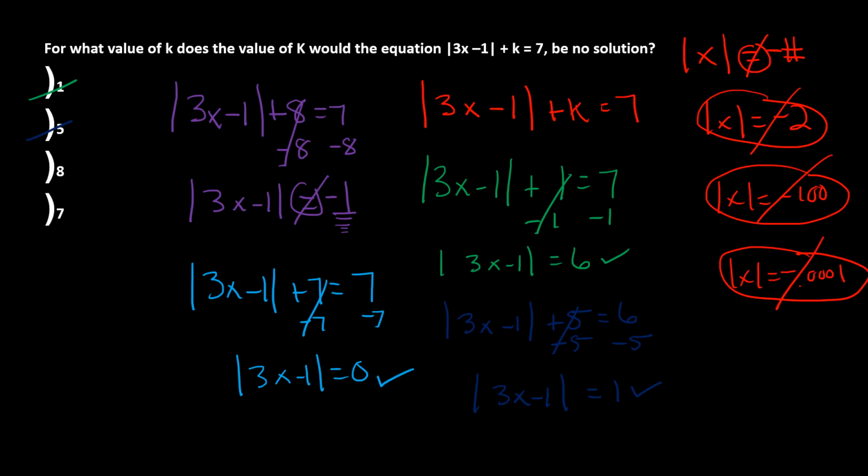The absolute value of 0 is 0. So that means that our answer here has to be 8, because it's going to make the number on the right side, after I isolate the absolute value, negative. All right, let's go ahead and go on to the next one.